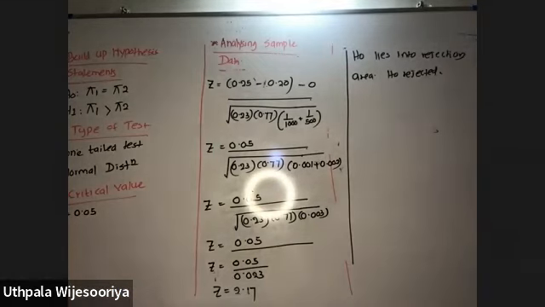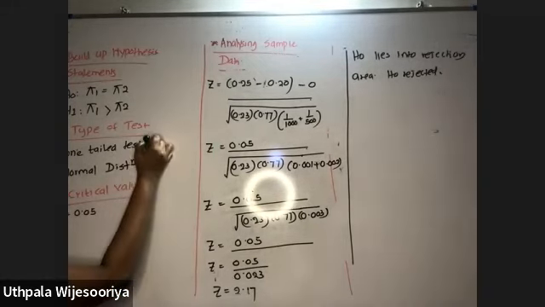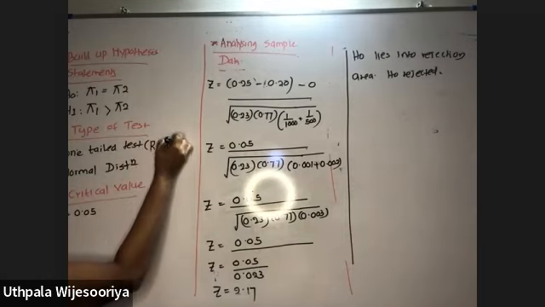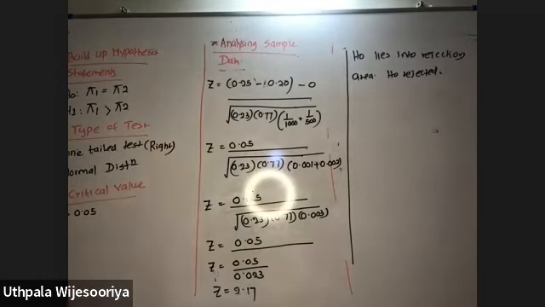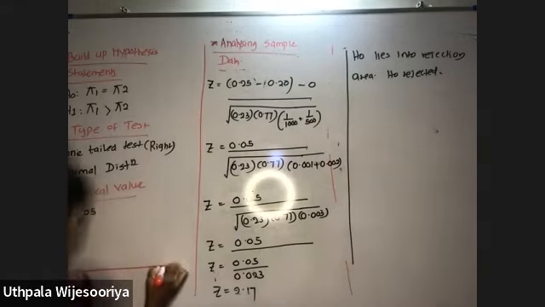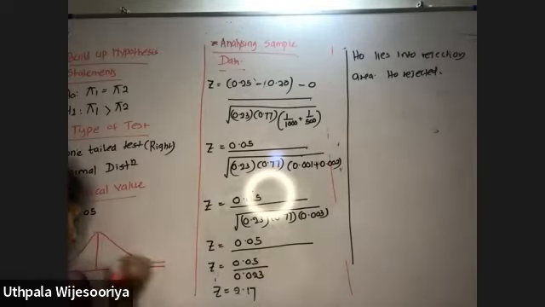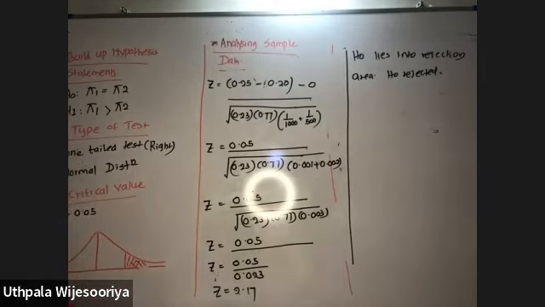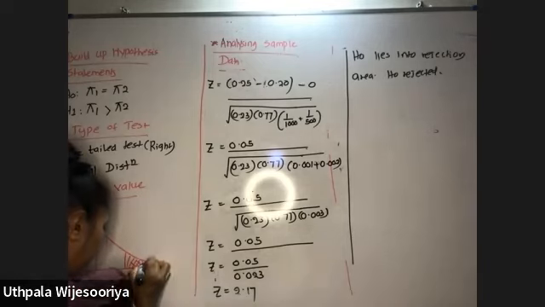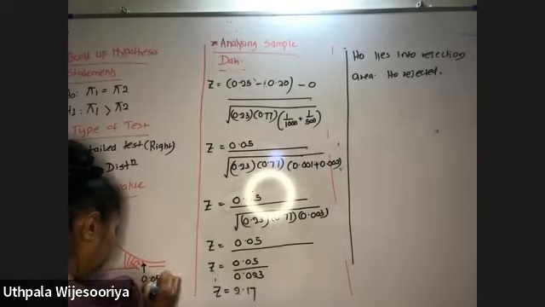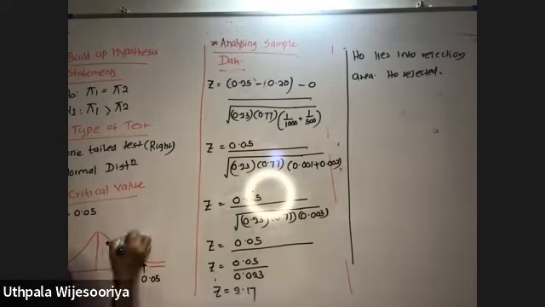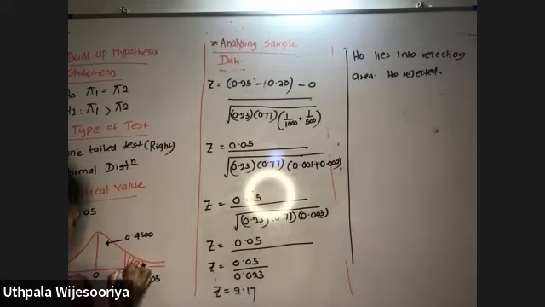Right tail test, 5% on the right edge. So the 5% critical area, the rest is 45%, critical value 1.64 or 1.65.